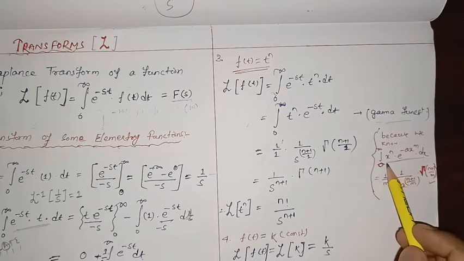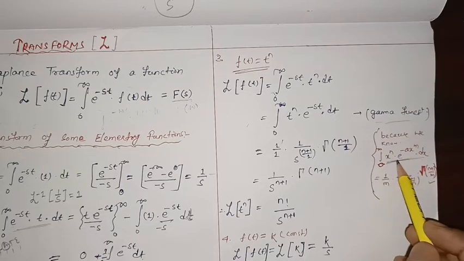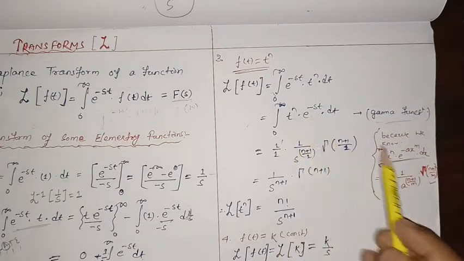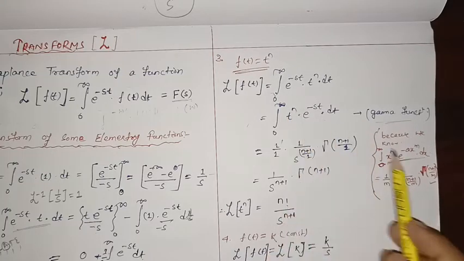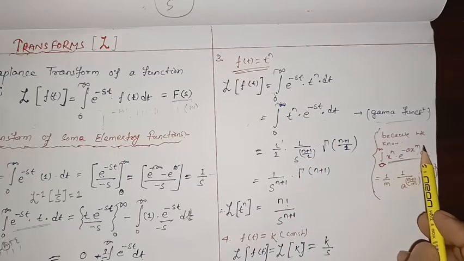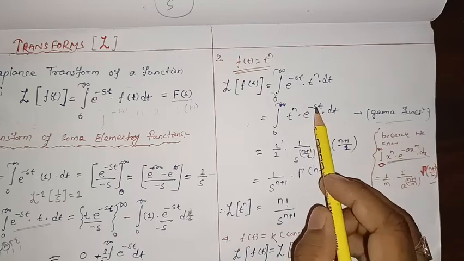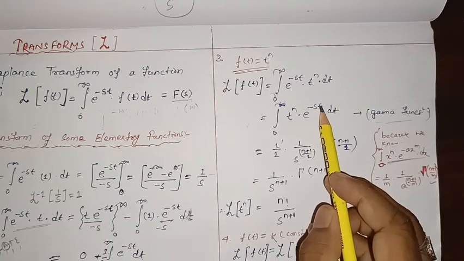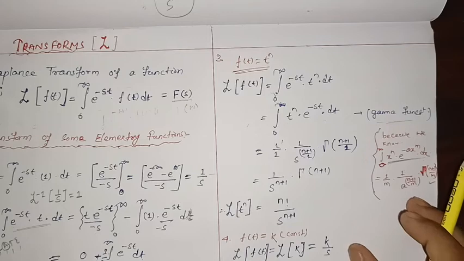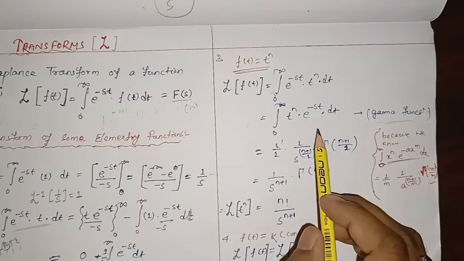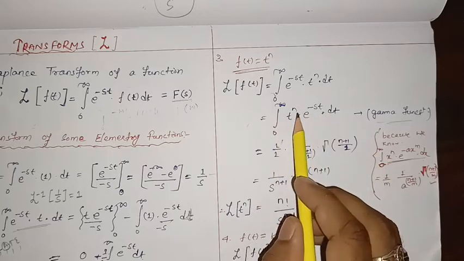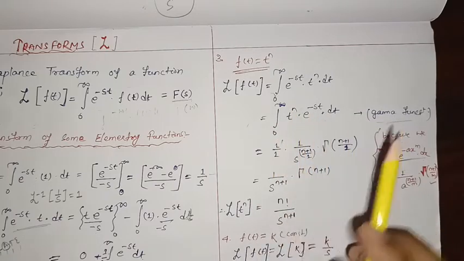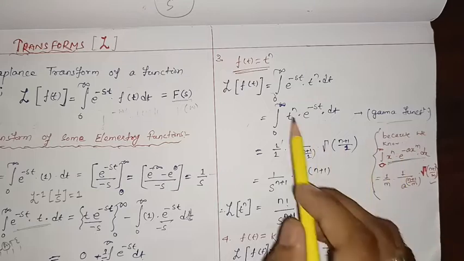So here you can see that if we compare this integral with that integral, both have the same format. Here x is there, t is there, to the power n, e to the power minus a x to the power m. Here e to the power minus s t instead of x, t is there. So n is the same: here x to the power n, here t to the power n.